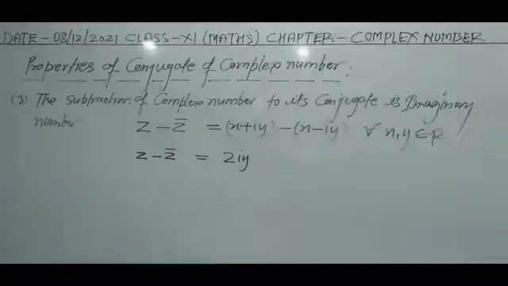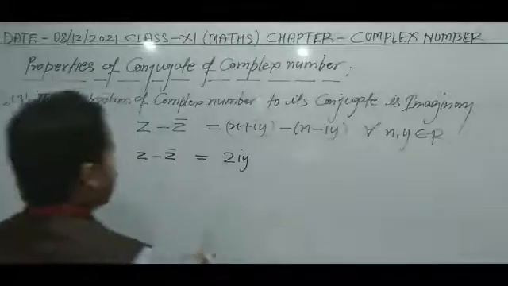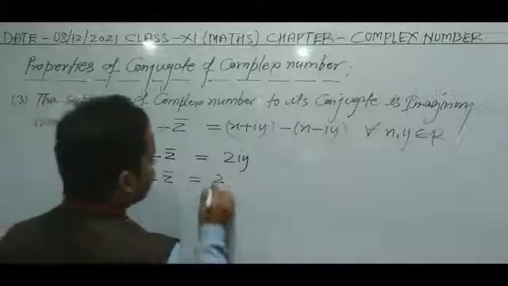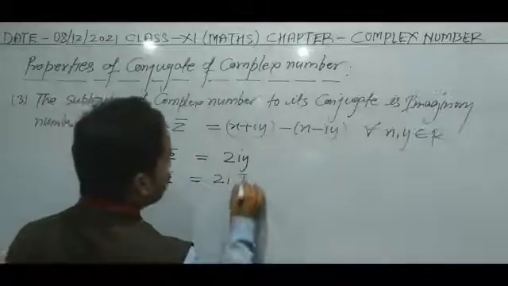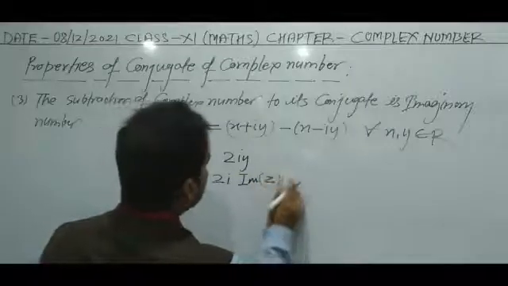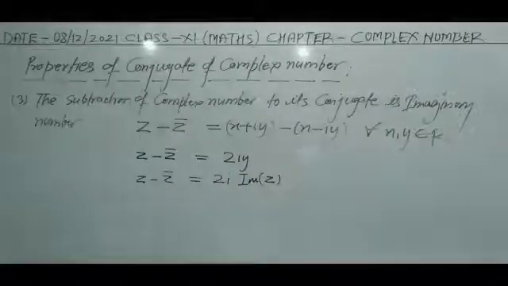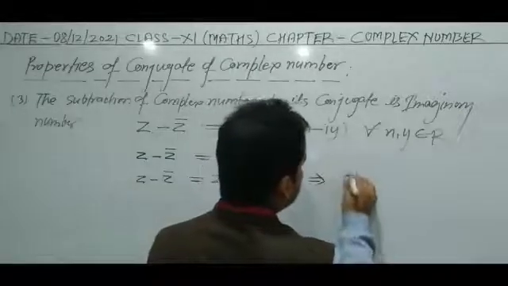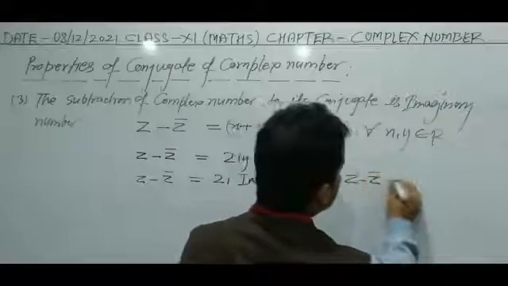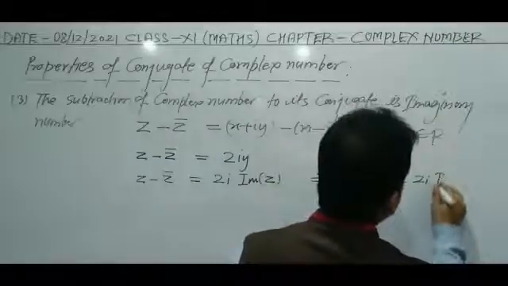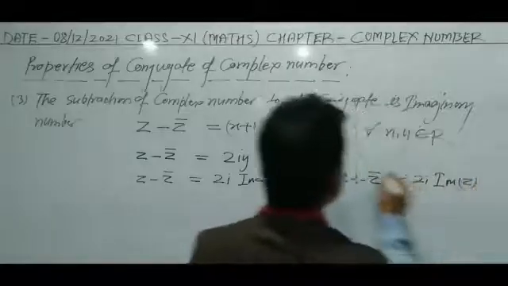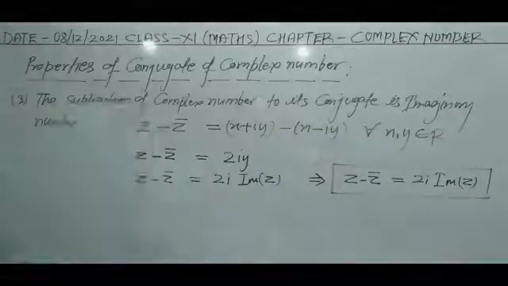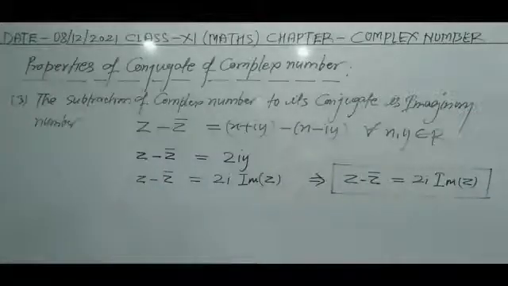So we can write z minus z bar is equal to 2i imaginary part of z. So this is the formula, means z minus z bar is equal to 2i imaginary part of z. This is the third property.